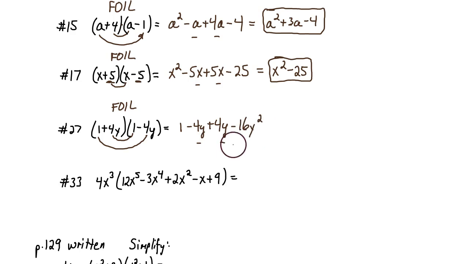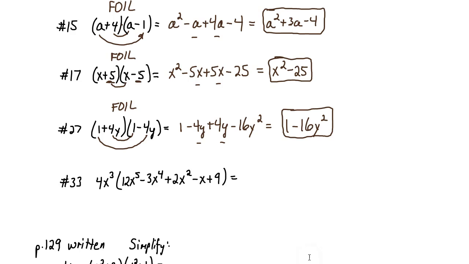This term and this term combine together. The final answer is 1 minus 16y squared. Again, this is a binomial. Perhaps you predicted that that's what it would look like when you saw the original problem, because positive 4y and negative 4y are opposites of each other.